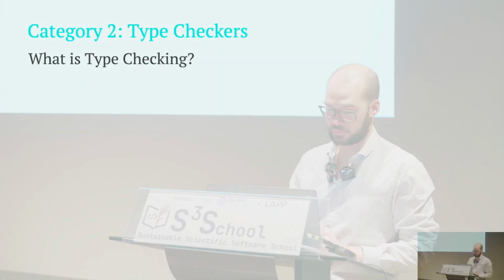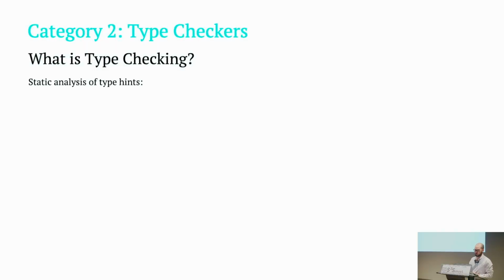Now let's talk about type checking, another static analyzer. Type checking will help you to find issues like this one. So when you define the types in your function, and then you try to run the function with the wrong type, it will see that automatically without running the code.